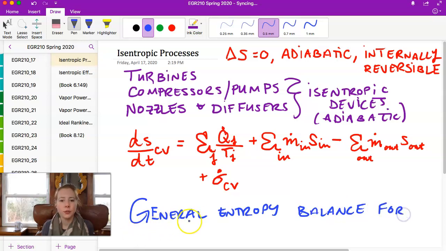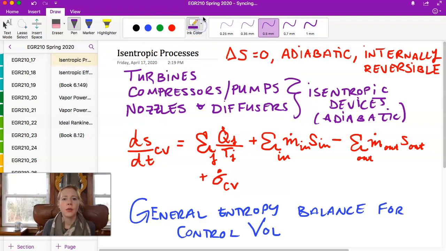Just like we had a general energy rate balance for control volume problems that we looked at a few chapters ago. And so you can simplify this with different assumptions for your system.